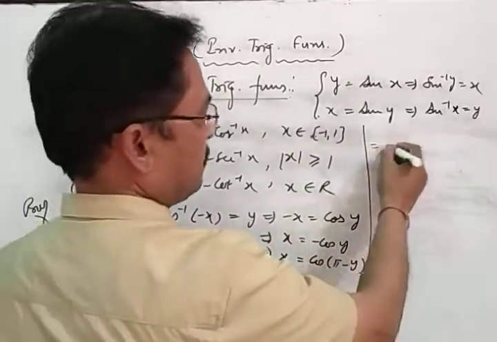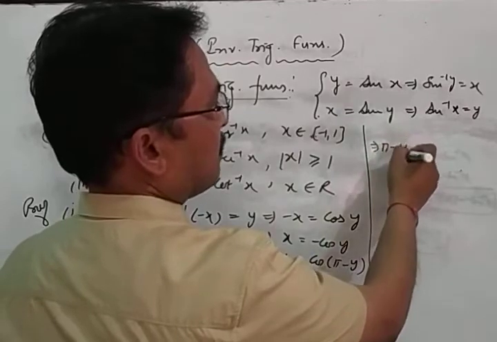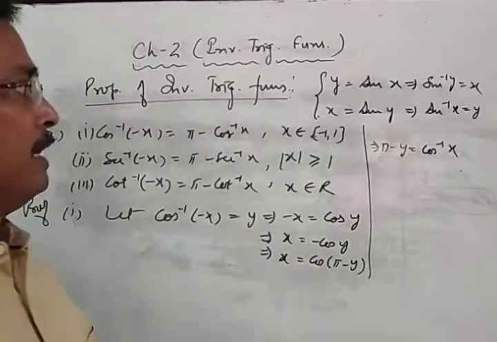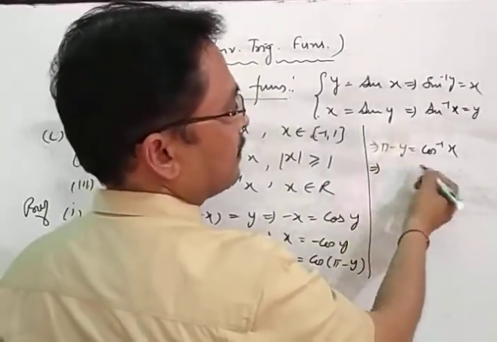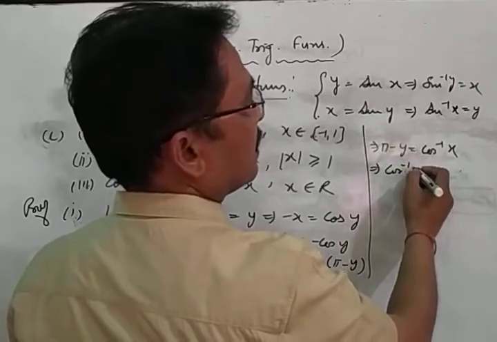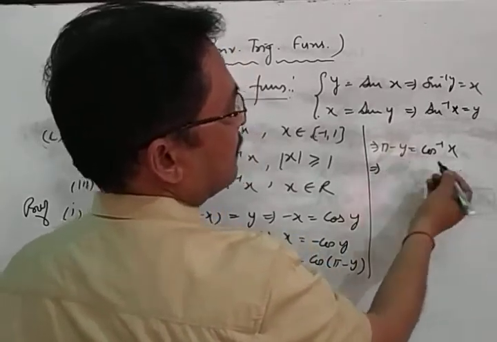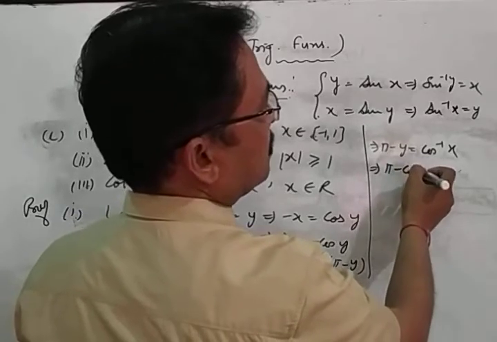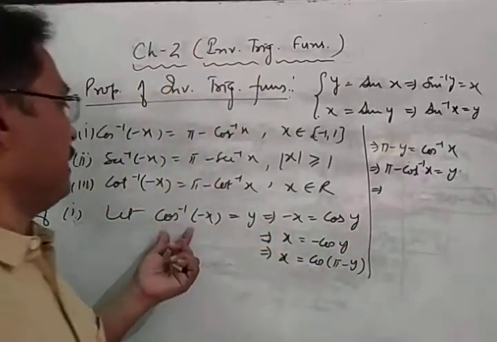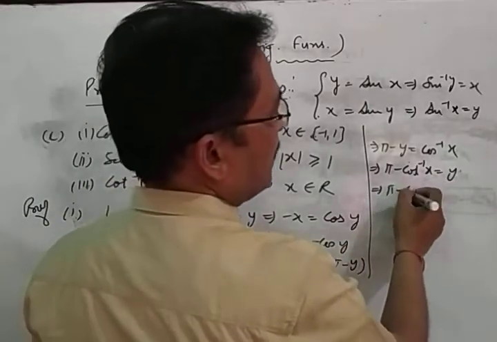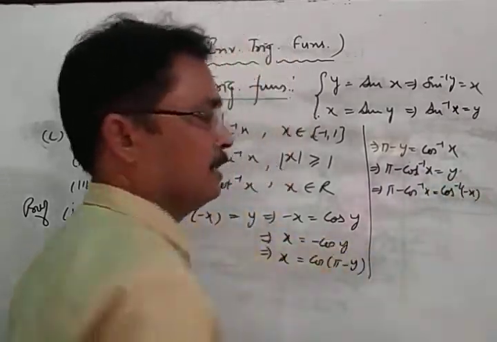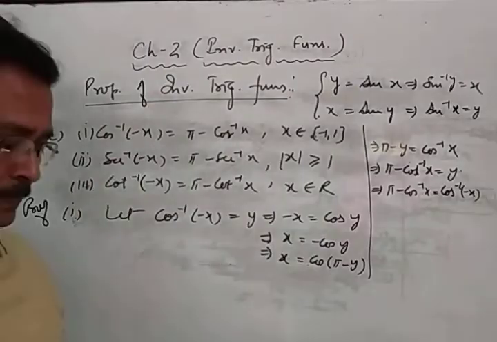And this implies pi minus y is equal to cos inverse x. And you can write here pi minus cos inverse x equal to y. Then in place of y we can write cos inverse of minus x, so pi minus cos inverse x is equal to cos inverse of minus x. Clearly, similarly you can prove other two parts. Now next one.